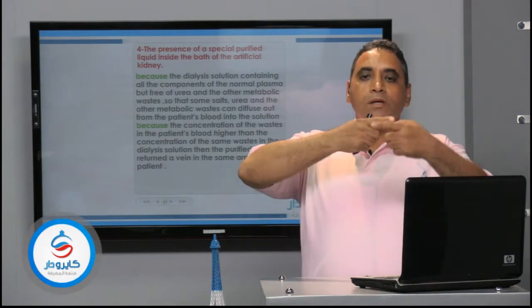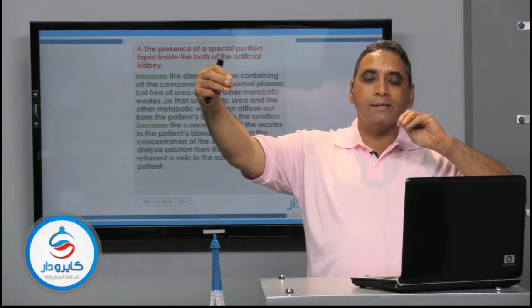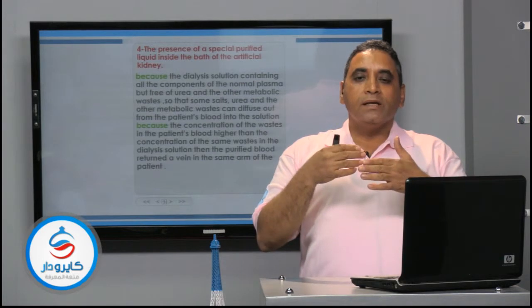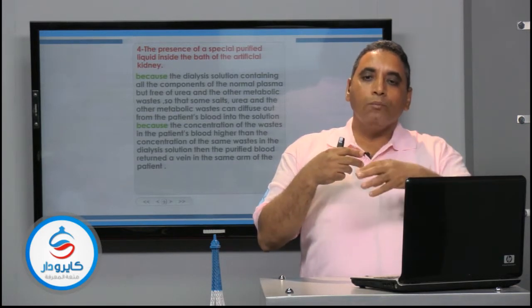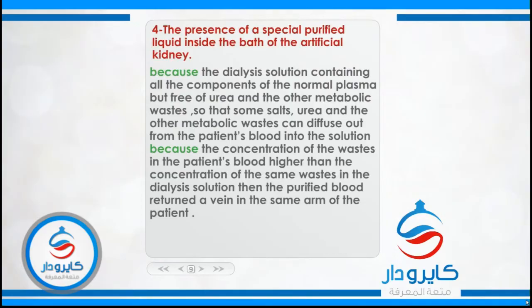So the continuous movement of the blood inside the selectively permeable tube inside the artificial kidney causes the passage of the urine components, such as urea, salts and the other metabolic wastes, from the patient blood to the dialysis solution. So that acts as a dialysis process.